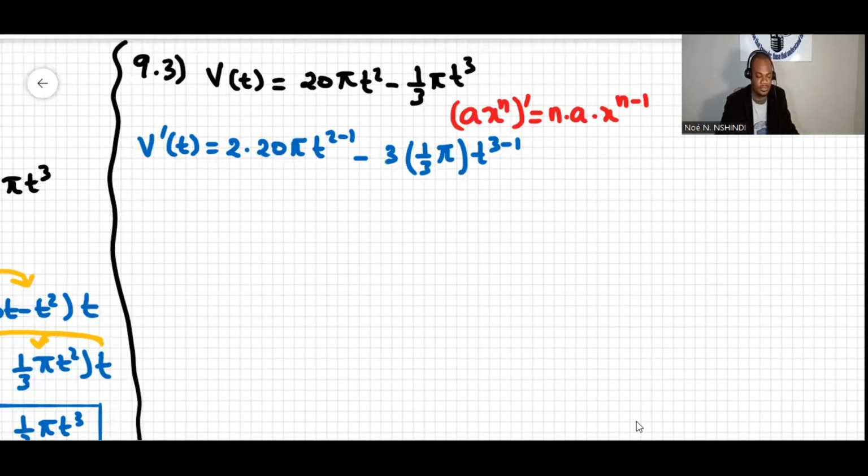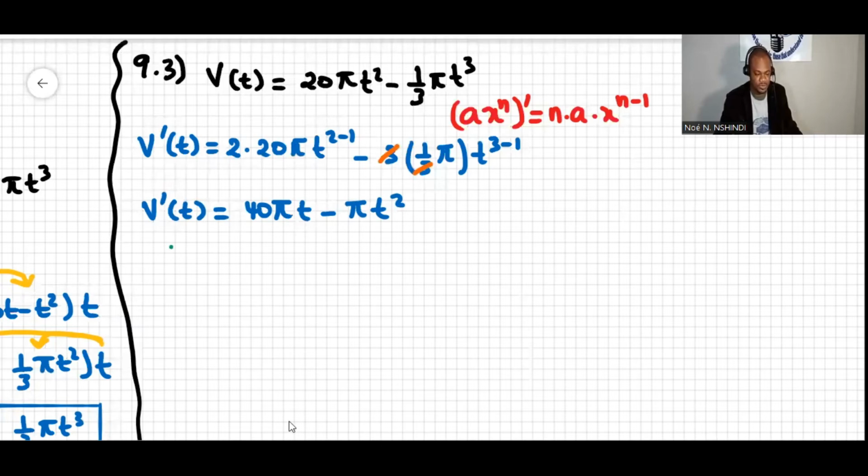So V prime will be equal to 40 pi t, minus, simplifying, a pi t to the power of 2.